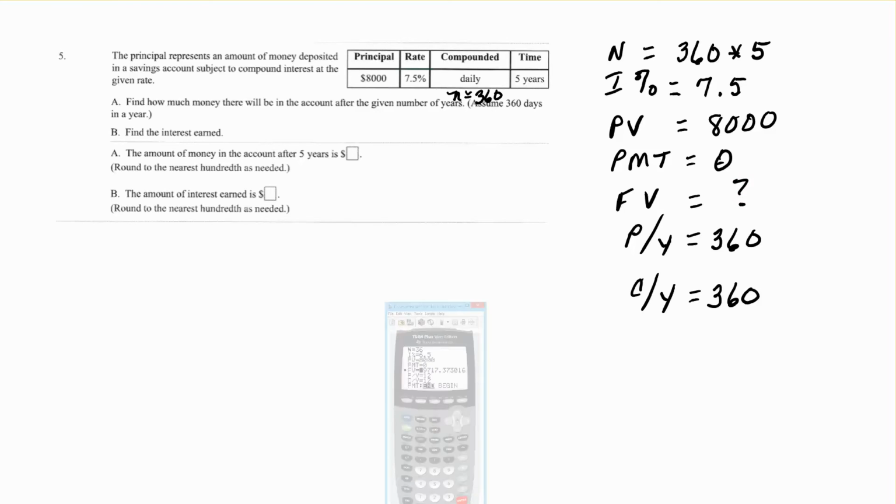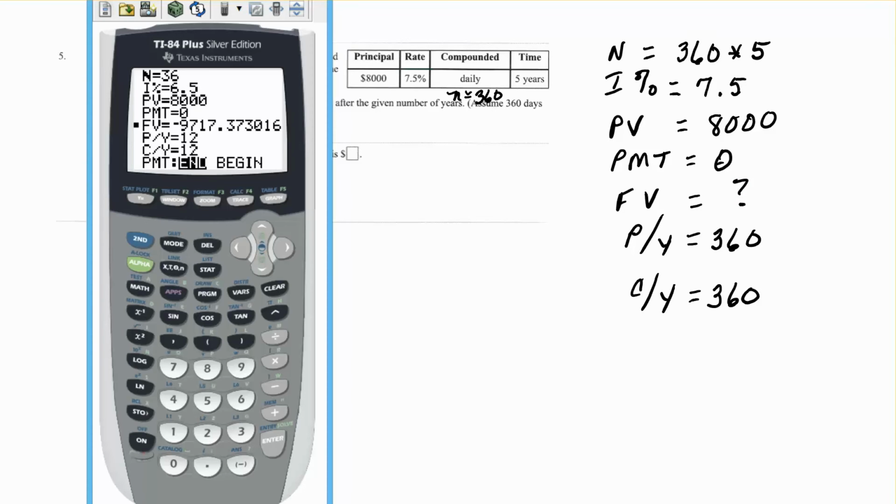To the calculator. In case you've forgotten, we went apps, 1, 1, and we're there. All right. The total number of periods is 360 times 5. The interest rate is 7.5.